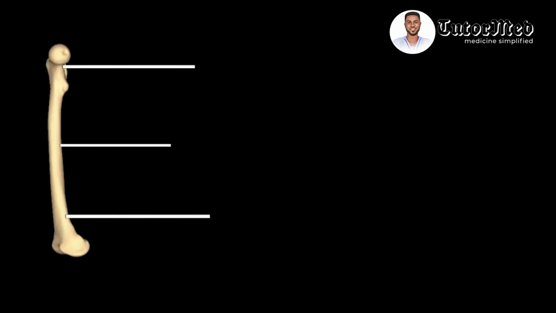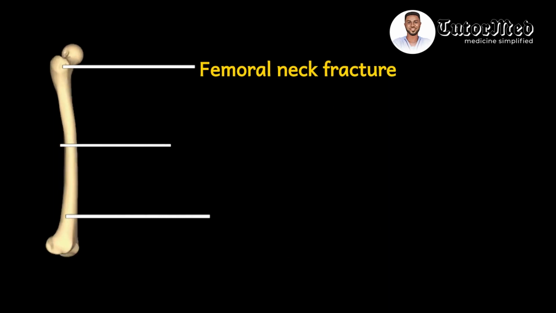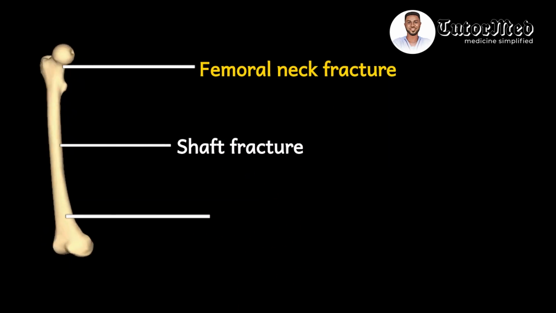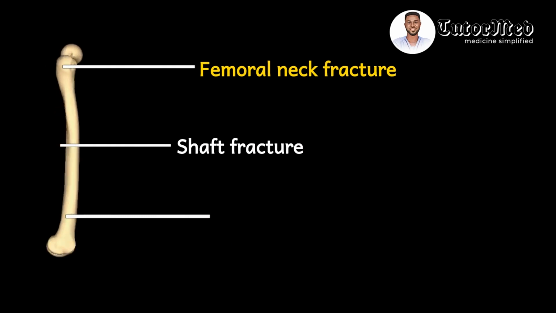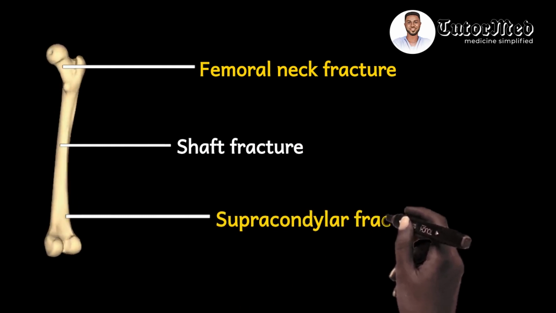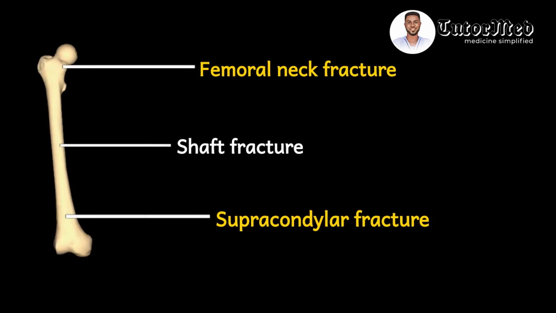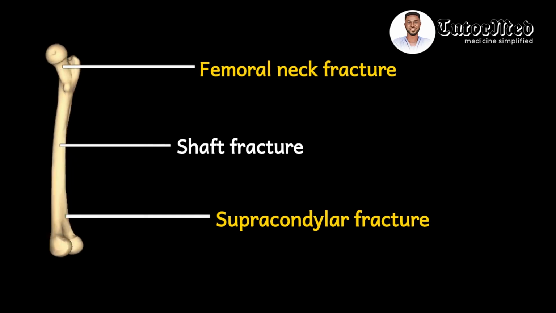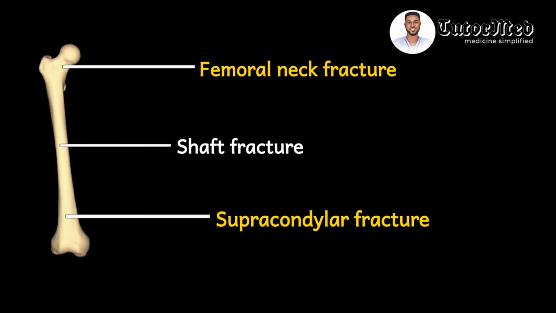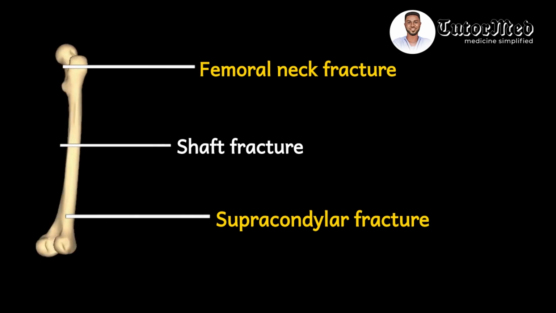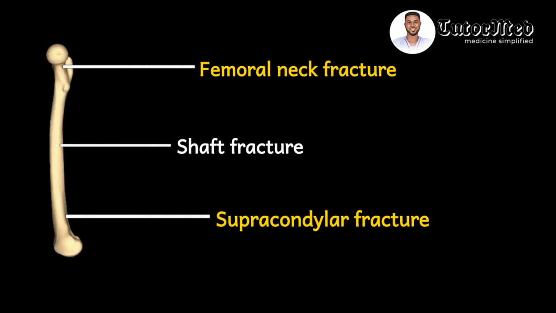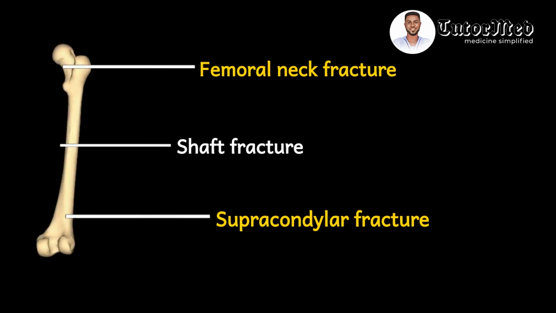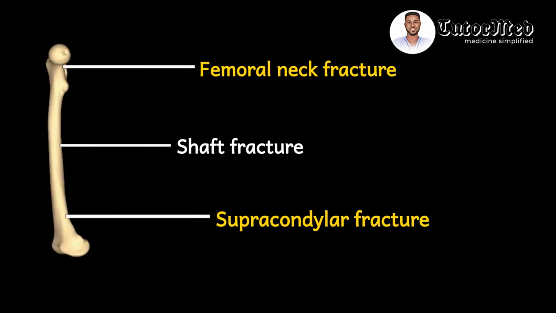It means you can have a femoral neck fracture, a femoral shaft fracture, and a supracondylar fracture of the femur. Now, considering the mechanism of injury in this patient, most likely the shaft is involved, but it can occur anywhere, including the neck and the supracondylar region.